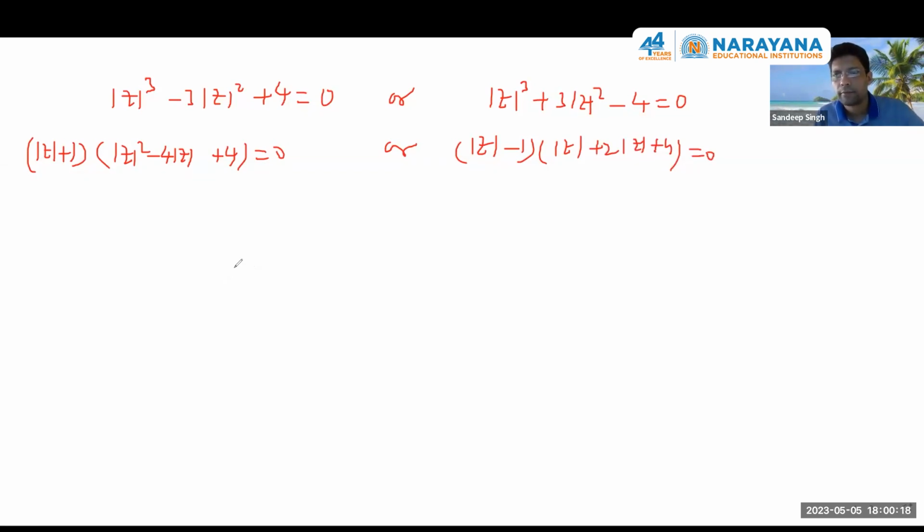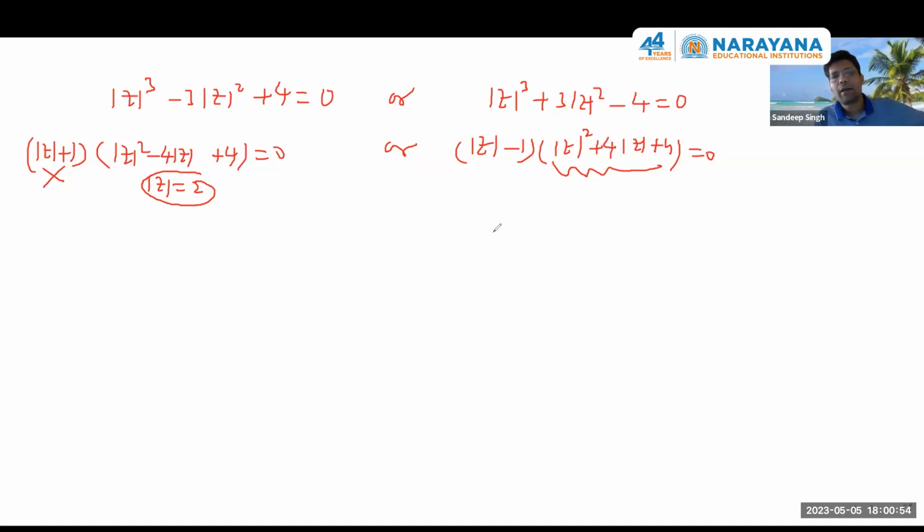बताइए भाई. So obviously this is not possible. Mod z plus 1 is 0. And this is a perfect square. This will give you mod z equal to 2. And from here, this is mod z square plus 2 mod z. Please keep on checking the calculations. Mod z cube plus 4 mod z. I think it is 4 mod z.